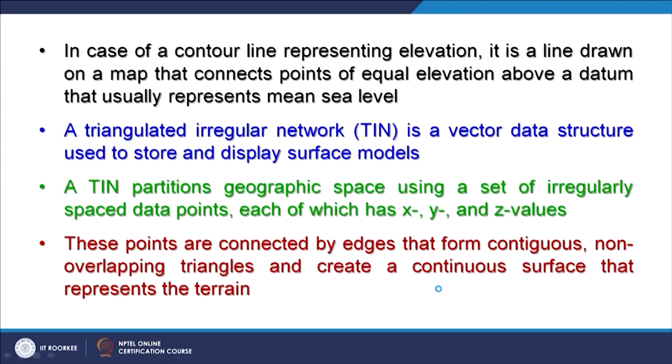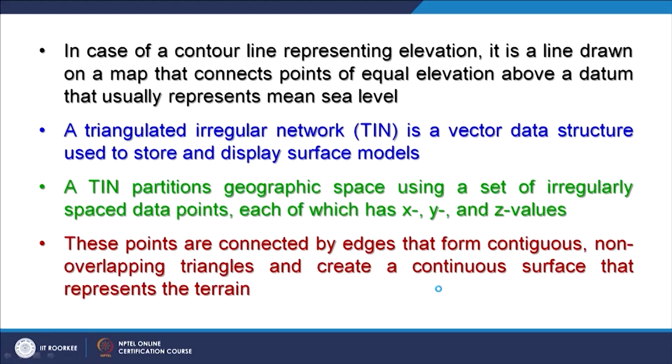And as you know, these are isoheights, and they join equal values to each other if it is point data. In the case of contours representing elevation, which is typical in a digital elevation model, it is a line drawn on a map that connects points of equal elevation above a datum, usually above mean sea level.